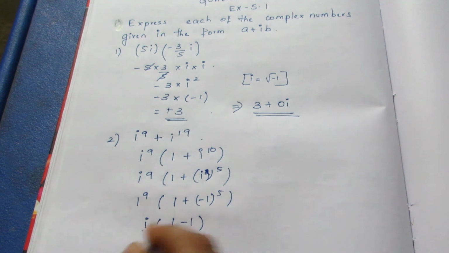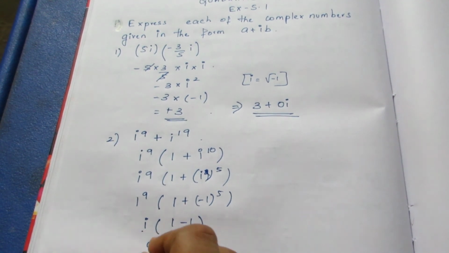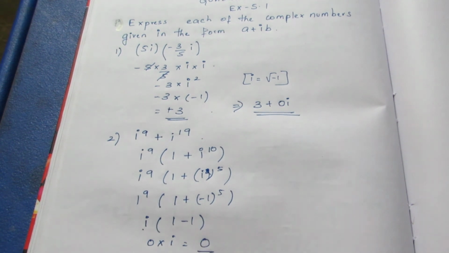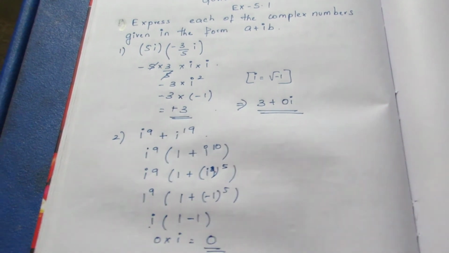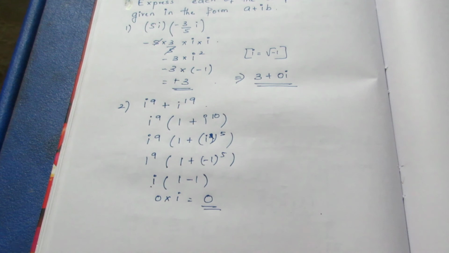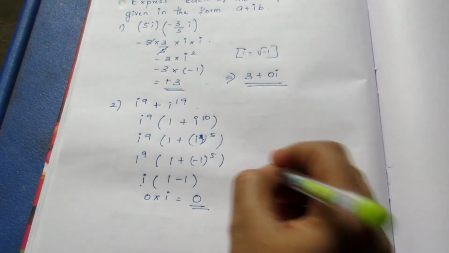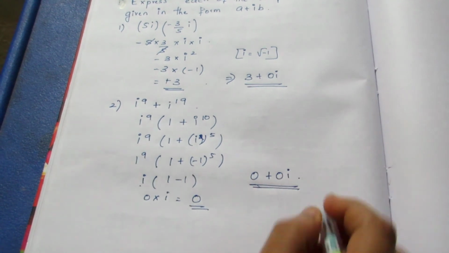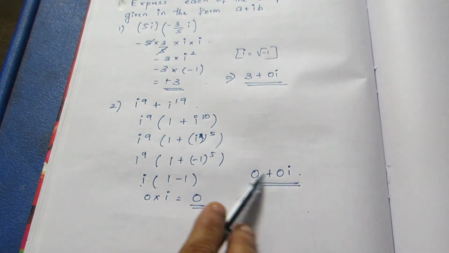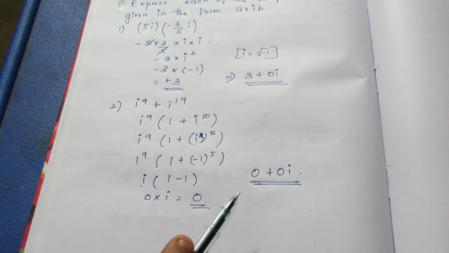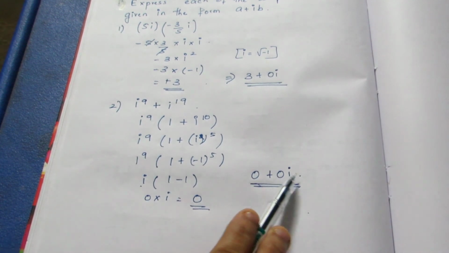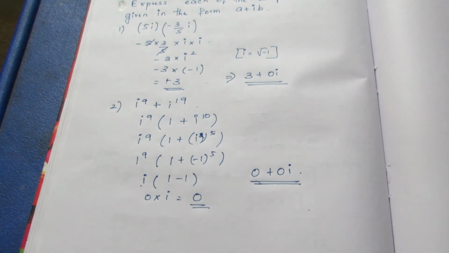So 0 into i will become 0. There is no value, but anyway we need to write this in the a plus ib form. There is no a, there is no i, so it becomes 0 plus 0i. The real part is 0 and the imaginary part is also 0.